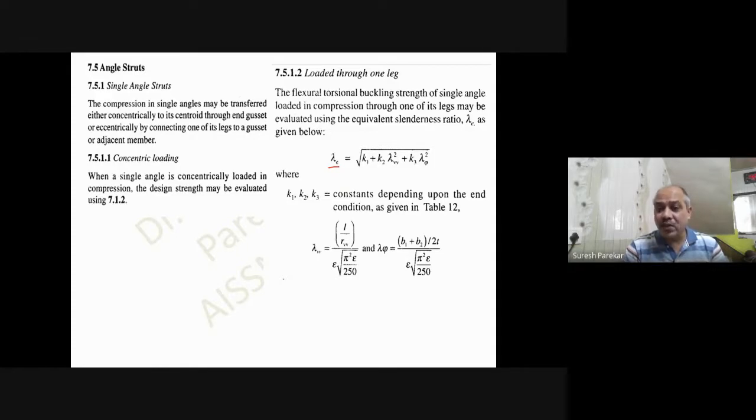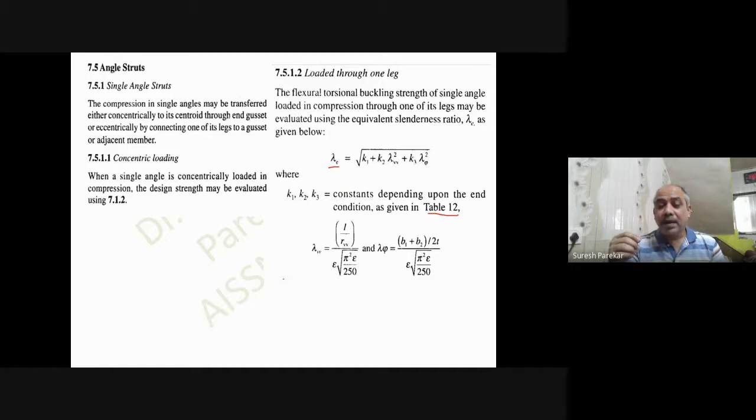And how are we going to calculate this? It is the root of K1 plus K2 lambda VB square plus K3 lambda phi square. Now this K1, K2, K3 depend upon your end conditions, and they are given in table number 12. Table number 10 we use for buckling class. I already mentioned that the buckling class we use for the imperfection factor, which is given in table 7.